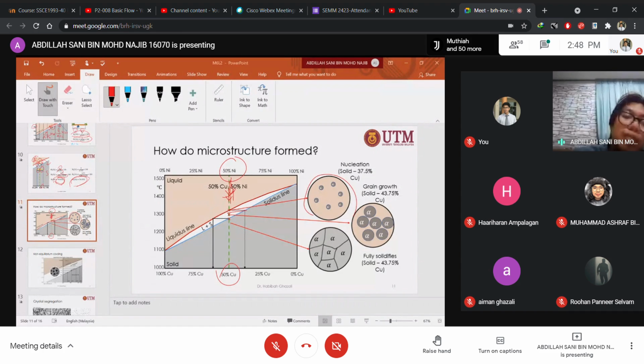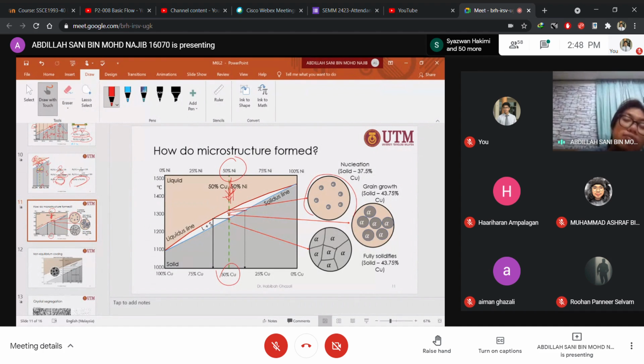So when it goes beyond the liquidus line, there will be nucleation. The nucleation will start to occur, and we want to know the solid composition at this very first nucleation.